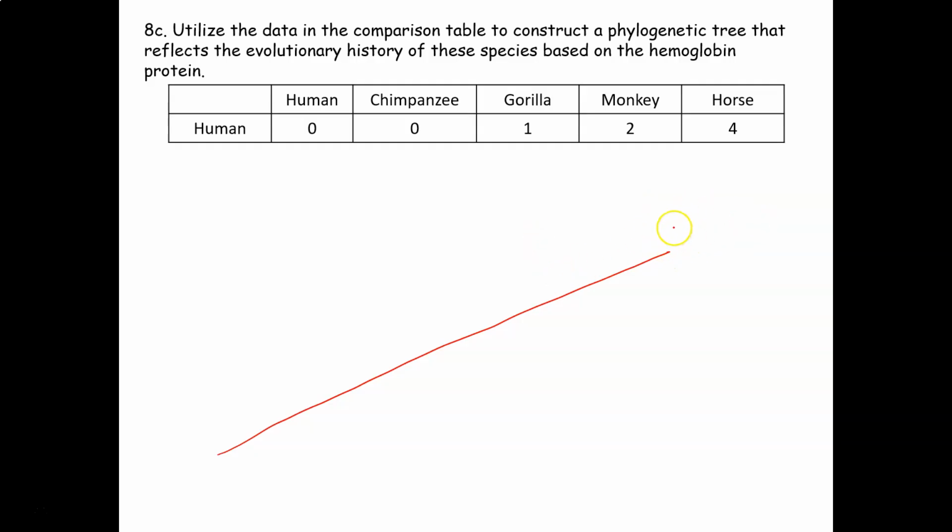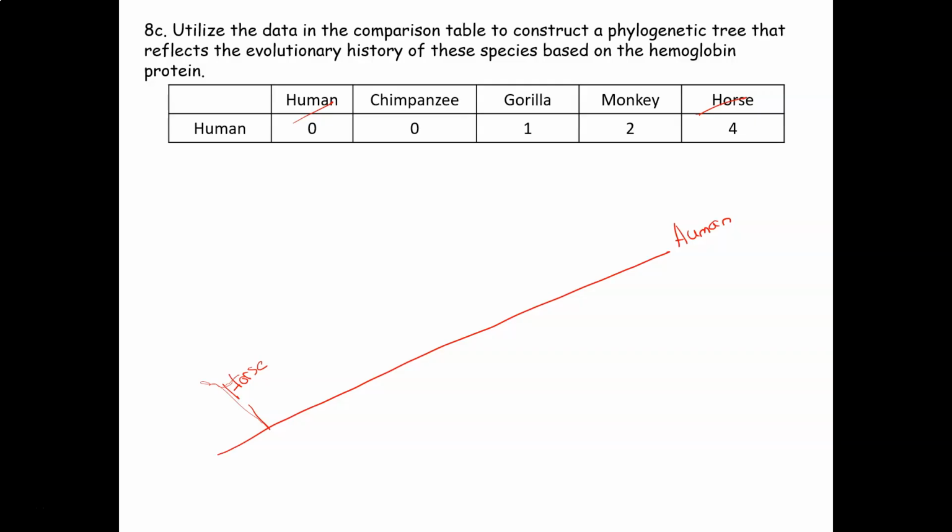So just knowing a little background, I'm going to put the human up here. All right. And that means the horse comes down here. Okay, so I've taken care of human and horse. So now I can work in either direction. I can either go smallest number from the human or the biggest number.